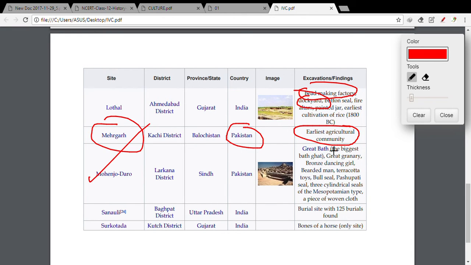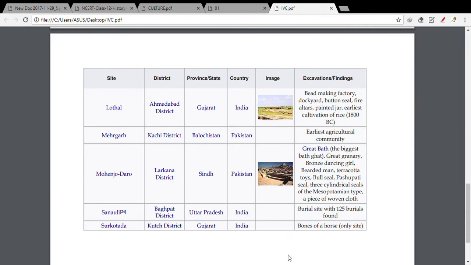Mohenjo-daro itself is famous for the Great Bath, the Bull Seal, the Pashupati, etc. Then Sanauli, an important burial site with 125 burials. Surkotada is a site where we can find the bones of a horse.